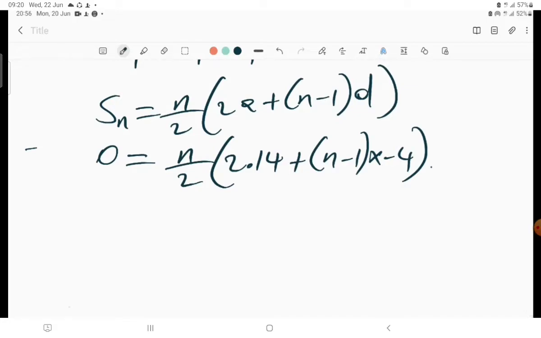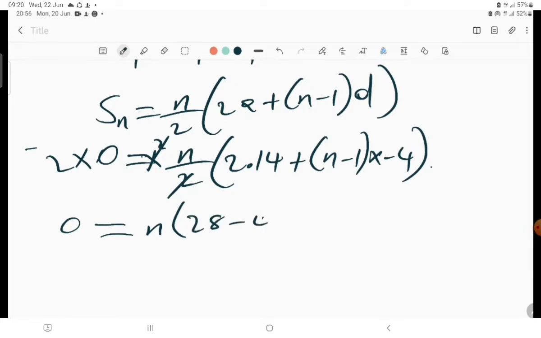So I can multiply by 2 so that I cancel that, and we'll be left with 0 on the right hand side. Then we continue with the inner part: 2 times 14 is 28, then minus 4n, then plus 4 when we expand this one.